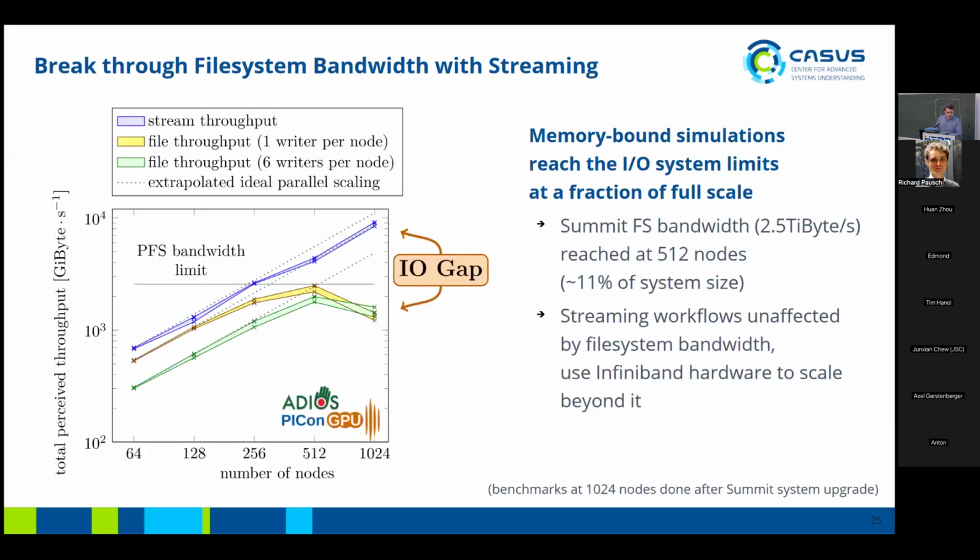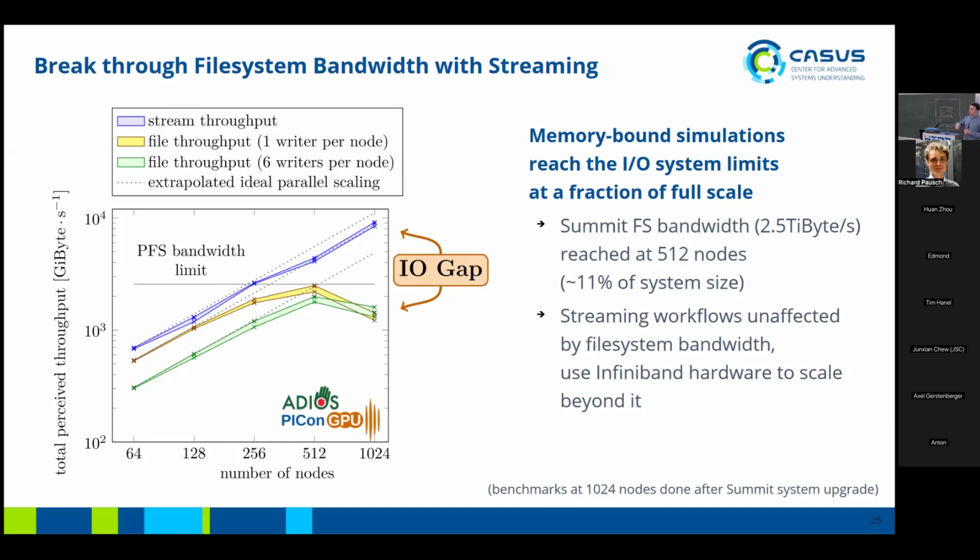But these are, for example, results that we had on Summit, the last-gen system at Oak Ridge, where the green and the yellow line, you don't need to care now about the difference between them. They are different configurations for doing file I/O.